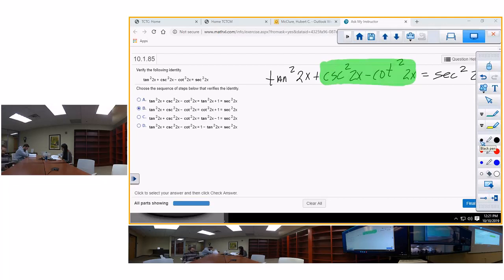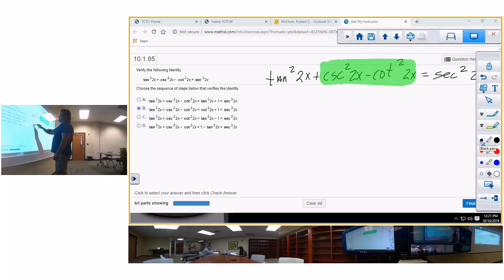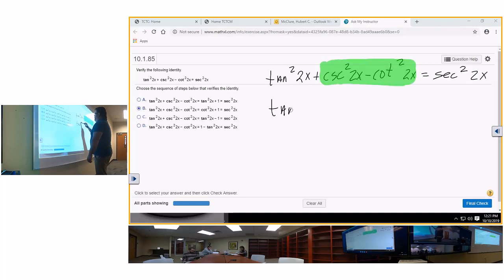And what do we got? We've got the tangent squared 2x plus what? Should be 1. What's cosecant minus cotangent? Oh, 1. Yeah. Way faster.